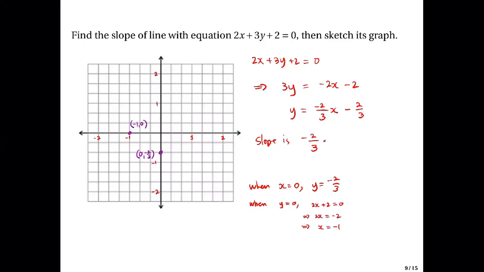And therefore, we can now sketch the line. The line will be something like this. So pretend that it's a straight line, but yeah, this is the line. So this is the sketch of 2x plus 3y plus 2 equals 0. Okay? Questions?